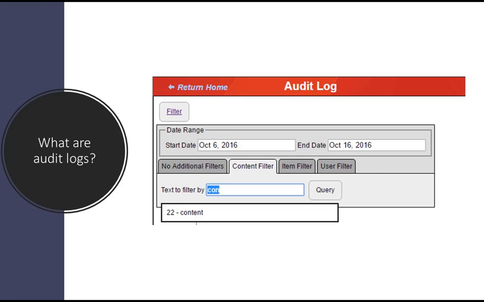You might also find that there are people accessing your computer network that are not authorized and they're getting through your firewall. Or perhaps they're trying to get to the firewall and your firewall is actually doing a good job and preventing those people from accessing your system. Once you start looking at audit logs, you will find that there are many people that are trying to attack your computer system.